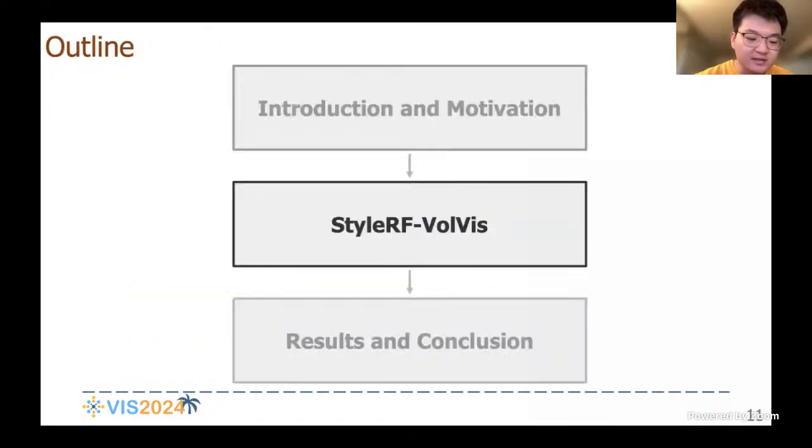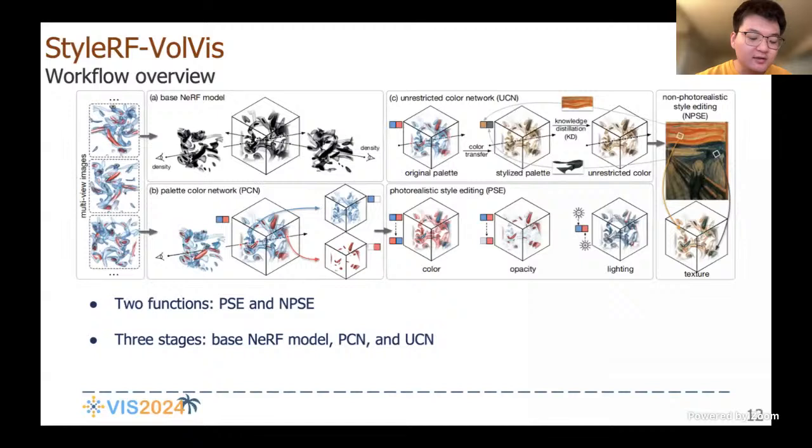To address this limitation of NeRF-based stylization methods, we propose StyleRF-VolVis. Our method can support photorealistic style editing, or PSE, namely editing the color, opacity, and lighting of one represented scene. It can also support controllable non-photorealistic style editing, or NPSE, which transfers arbitrary artistic style with visual coherence.